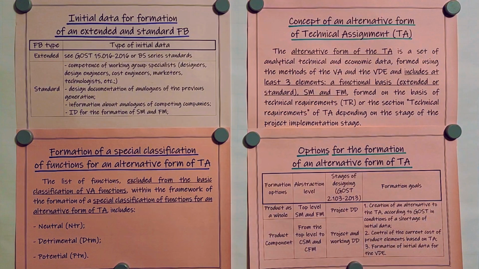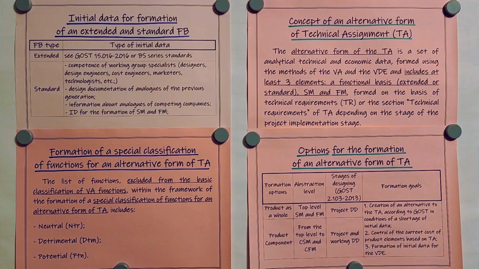A special classification of functions is formed on the basis of the basic classification considered by us in issue number 7, by excluding from it functions that are not related to the content of the technical assignment in accordance with GOST 15016.